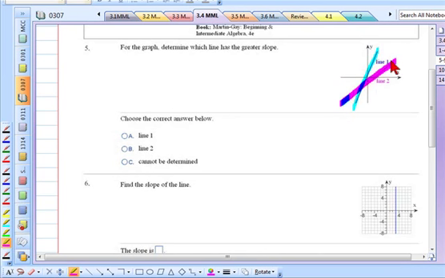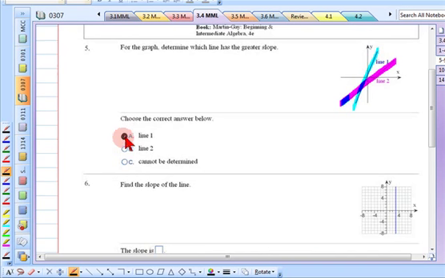The question says, for the graph, determine which line has the greater slope. Now, do you agree that they both have positive slopes? Yes, because they are both rising. Is one of them steeper than the other? Yes. Which one is steeper? One.